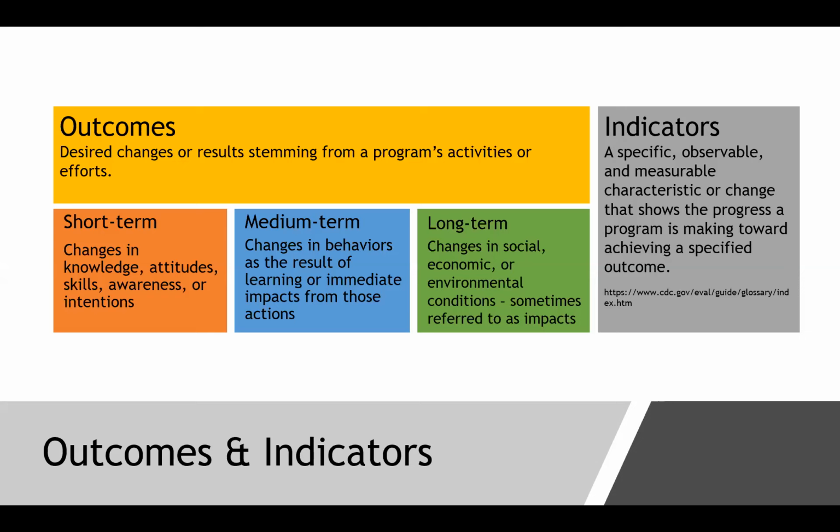Now it's important to keep in mind indicators as well. Indicators are really the way of operationalizing or really making manifest the outcomes. In everyday language, I often like to use the phrase, how would you know it if you saw it?